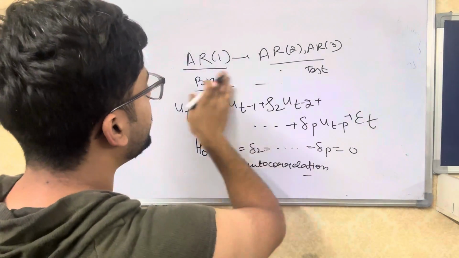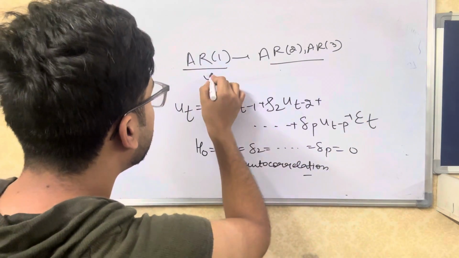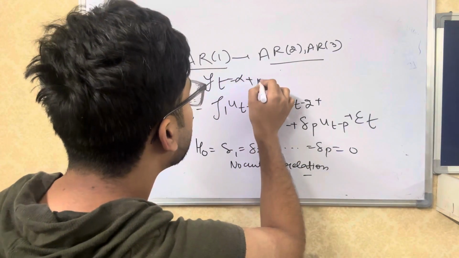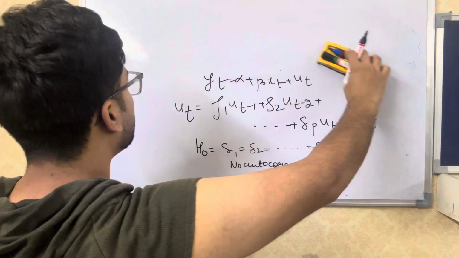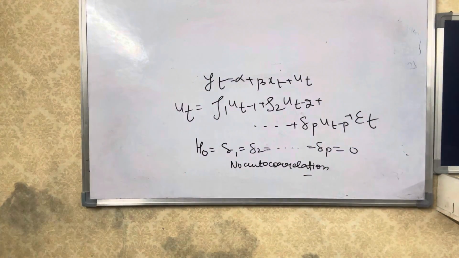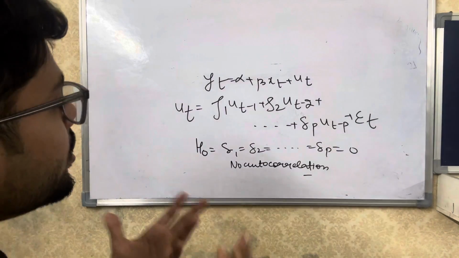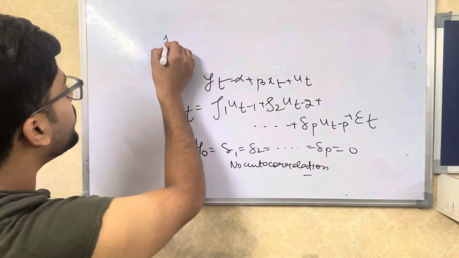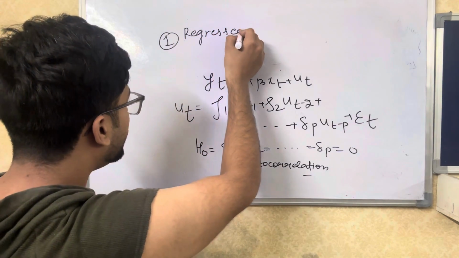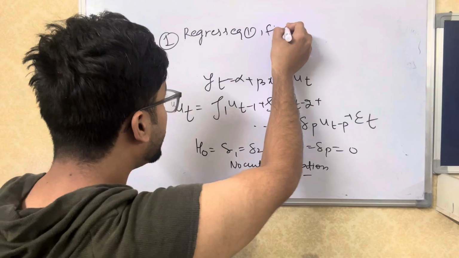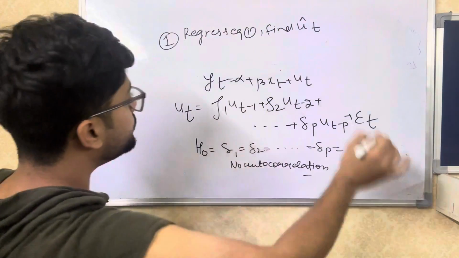And you are doing this with respect to any particular equation. Let's say we have yt is equal to alpha plus beta xt plus mu t. This is the equation that you are having. What are the steps? Step 1 is regress equation 1 and find mu cap t.